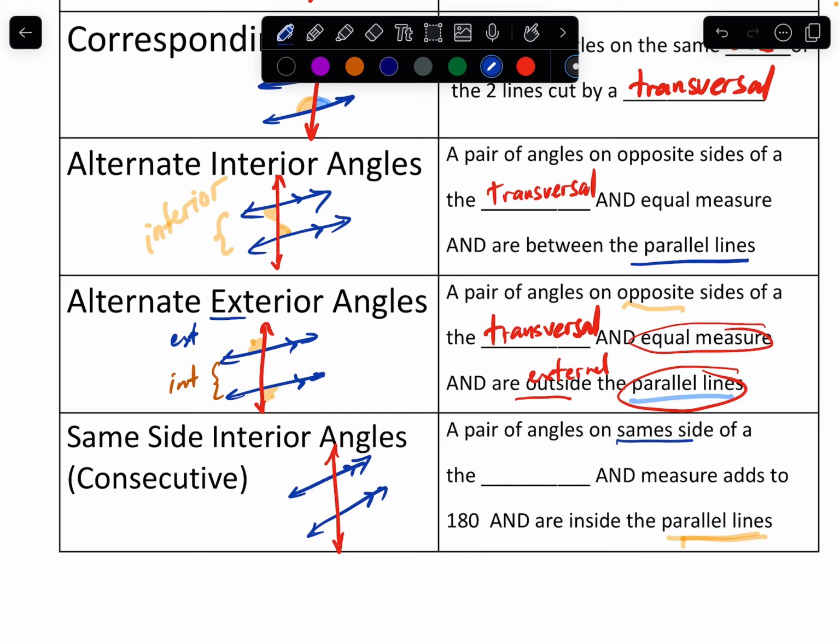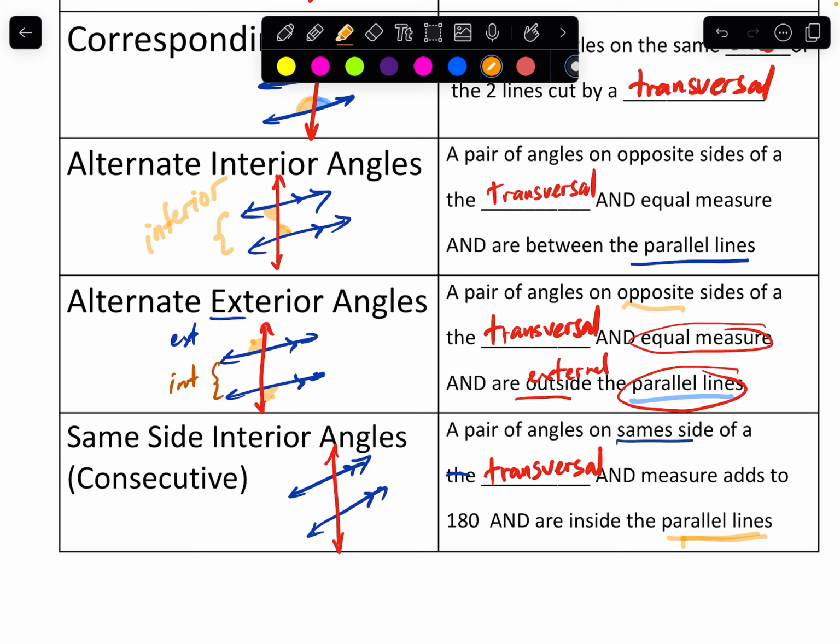Okay, so a pair of angles on the same side of a transversal, and measures add to 180 and are inside parallel lines.